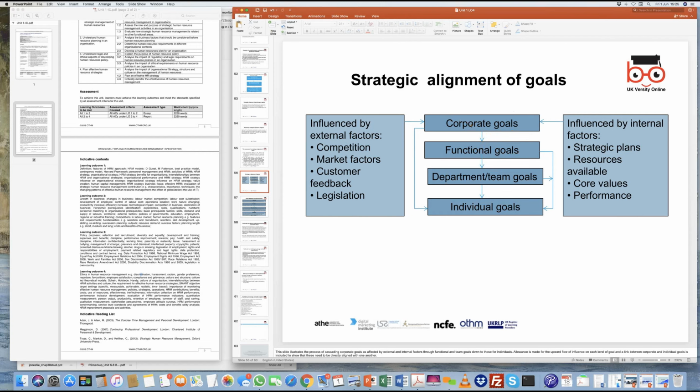So when you look at corporate HR or head office making a strategy to do something in the organization, whether it's skill enhancement, whether it's reduction in the number of people employed, whether it's looking at cost savings in the organization, whether it's looking at moving the organization into a particular direction, all those will be a subset of smaller goals which are formed within the different parts of the organization.